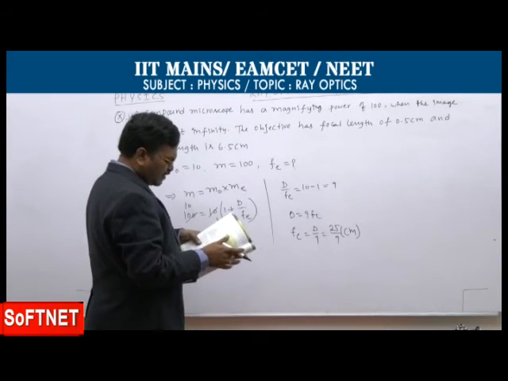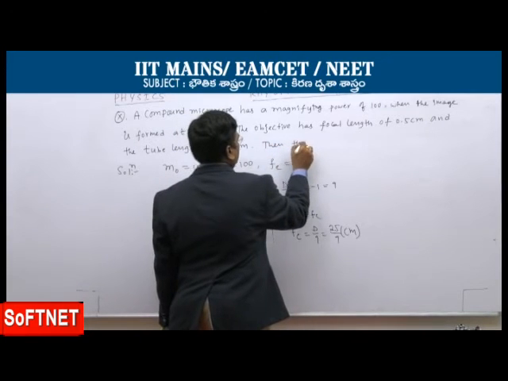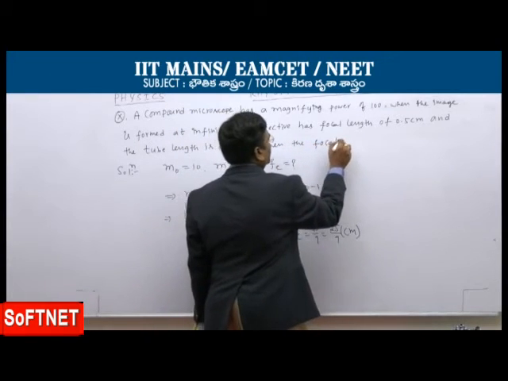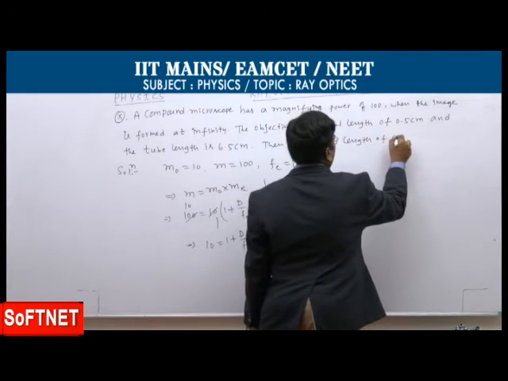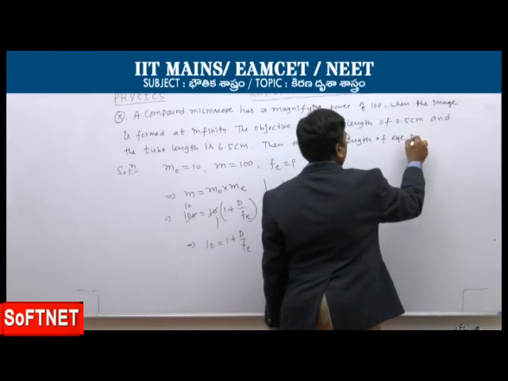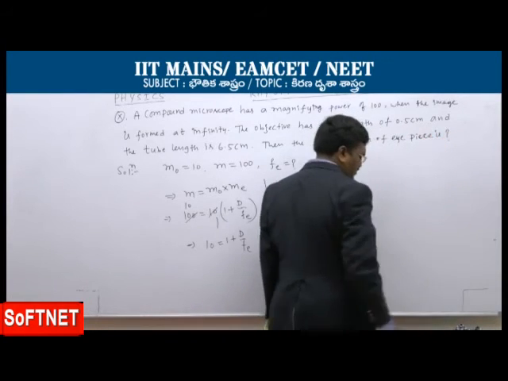Then the focal length of the eyepiece is? We have a question like this.